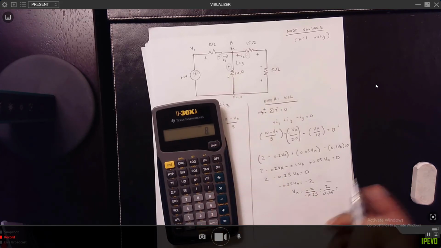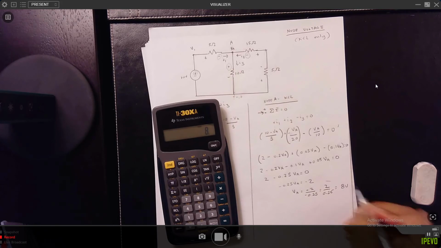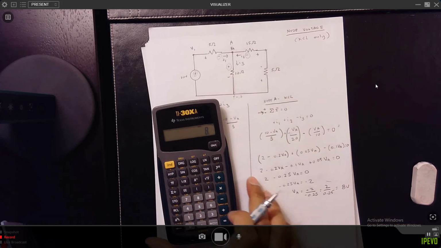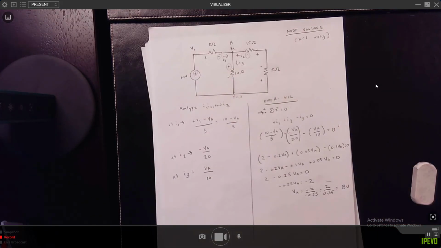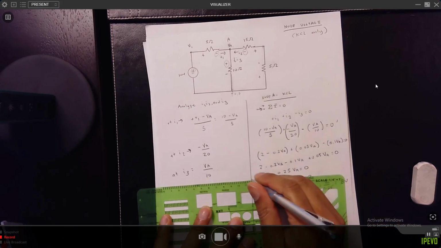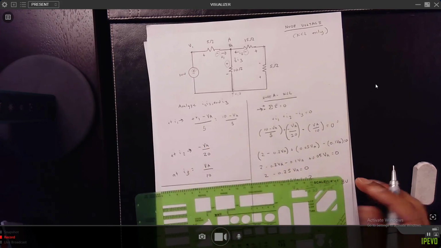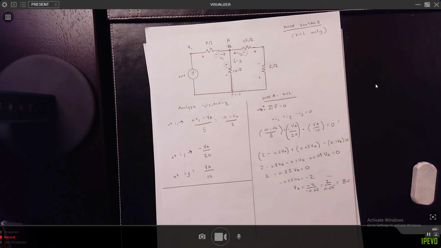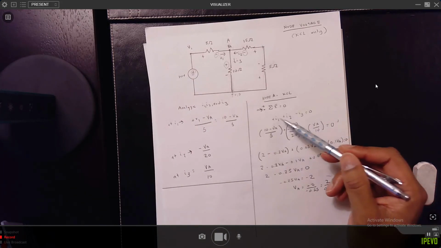Now, how do we plug 8 volts in here? Well, this is really, really easy. So what we want to do is make a third portion here where we solve for I. Remember, it's kind of an interesting phenomenon. We start here with KCL, then we go here, then we go here, and we go back here.